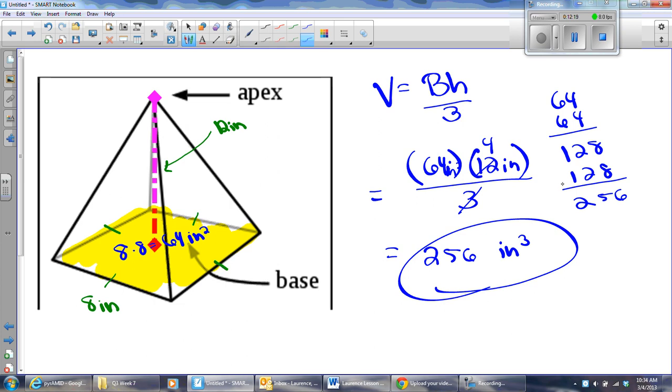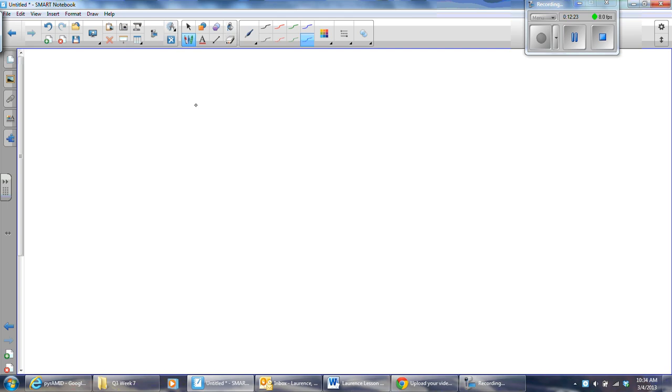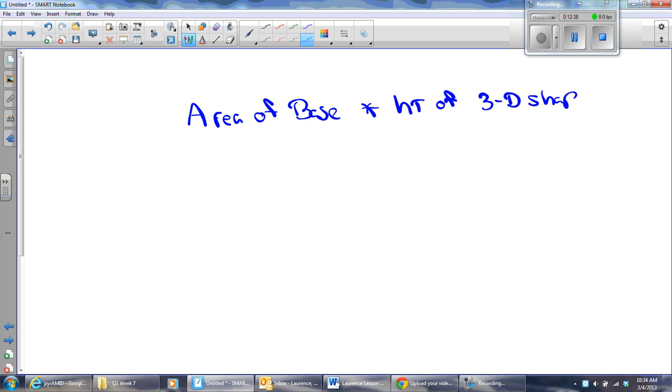All right, so remember, in all these videos, we found the area of the base, and then we multiplied it by the height of the 3D shape, right?